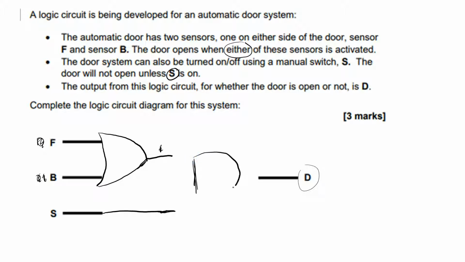So I'm thinking that the AND gate is going to be the sensible one to use here, because we just put that as an output, because if one of these is switched on and one is off, then the current will go through, and when this is manually switched on, the current will go through, and they both need to be switched on in order to produce the output for D. So I'm pretty confident with my diagram there that I've drawn.